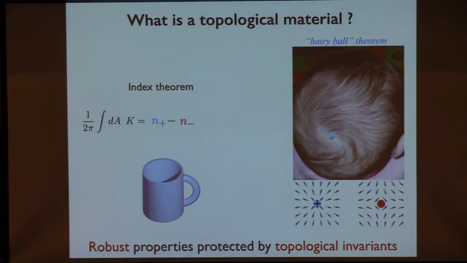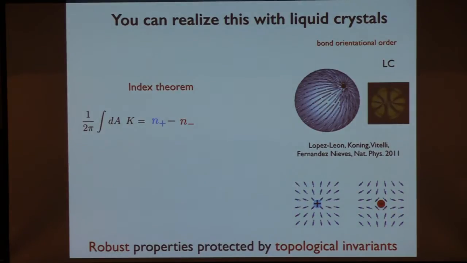Well, for example, instead of putting the hair of a baby on top of a sphere, why not consider a droplet with some liquid crystal molecules? If you have something like that, what you will observe is that you can still have this defect, and in this liquid crystal, the number of these defects is again constrained by this geometry. Okay? This is just a simple physical realization of what you saw before. The molecules are playing the role of the direction of the hair.